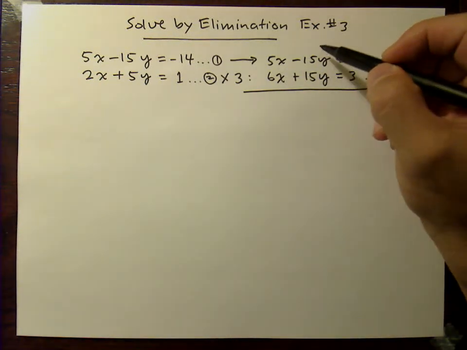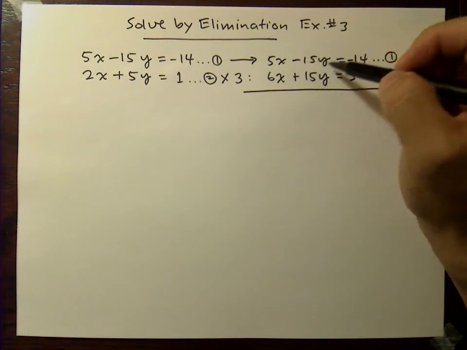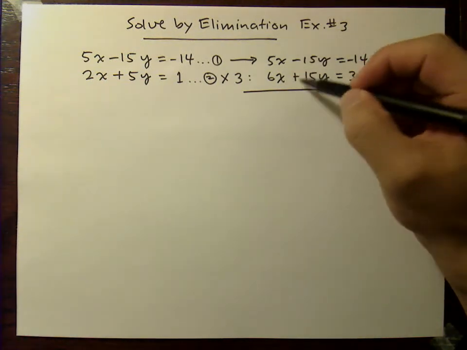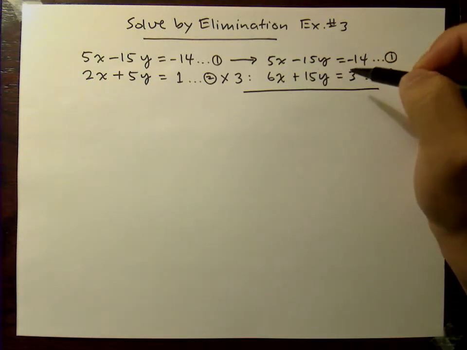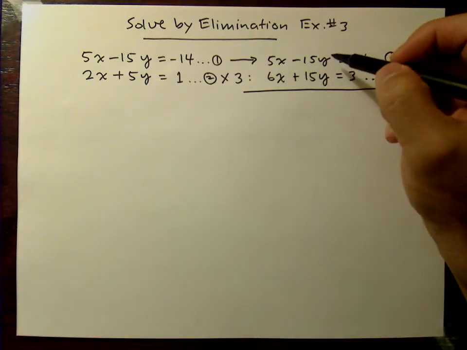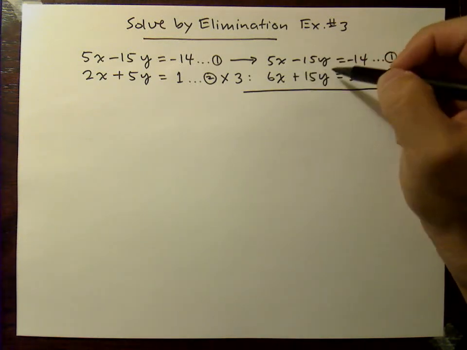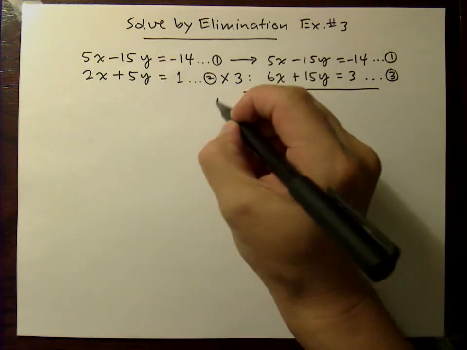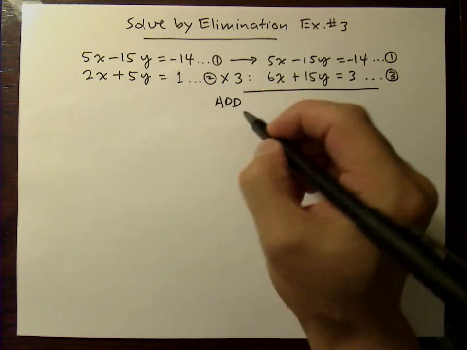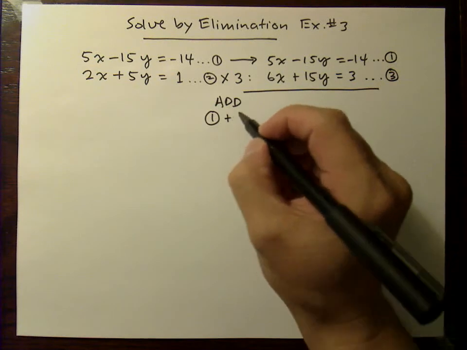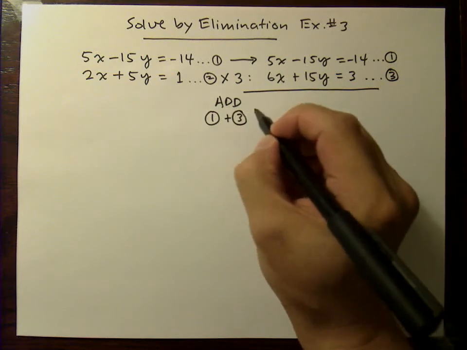We notice that there's a negative 15y in the first equation and a positive 15y in the second equation. So if we add these two, then we would get 0. So let's do that. Let's add these two equations. In this case, we're adding equation 1 with equation 3.